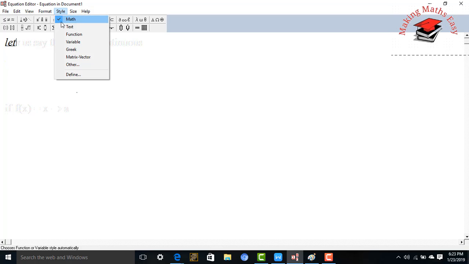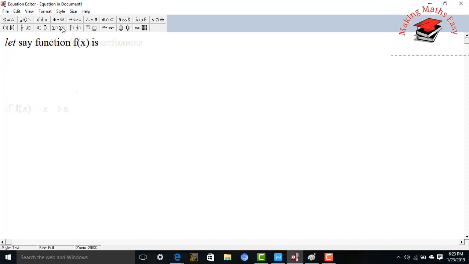If I say that f of x is continuous, it should have a constant point. So f of x must be continuous at a. So a must be a constant value, or any variable, where the particular function f of x is continuous.